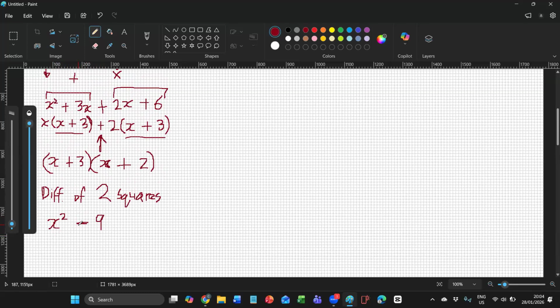Now I want to tell you that it is very, very complete. It is what we call, in this case, the actual difference between two squares. Now, what are the two squares? I'm sure you've already seen it. x squared and 3 squared, isn't it? So let's write it like that.